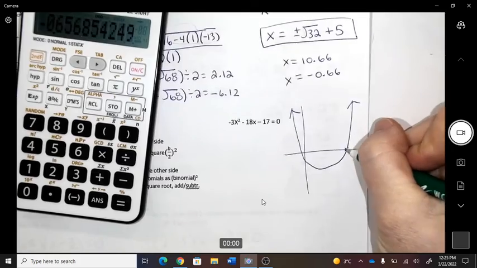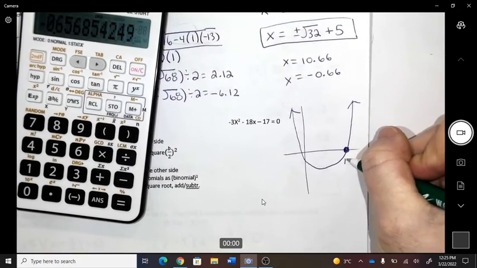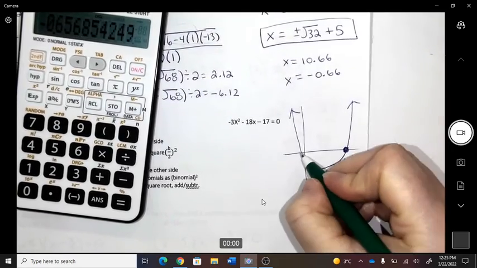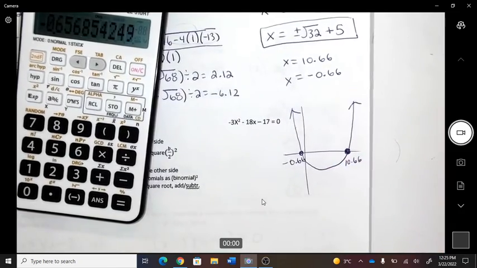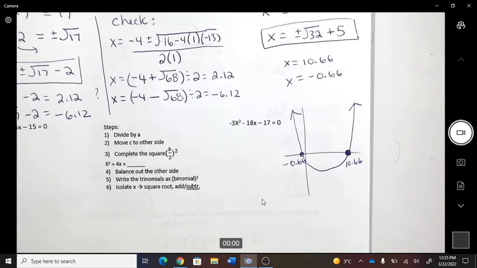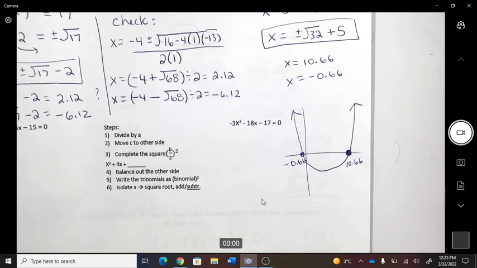It's going to cross here at 10.66 and here at negative 0.66. If I ask you to show me a sketch of your answer, that's what I'm looking for. It's just, where is this parabola crossing? Where are the x-intercepts? That's what this is all about.